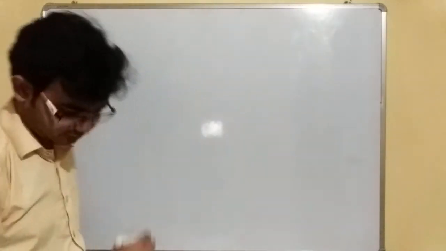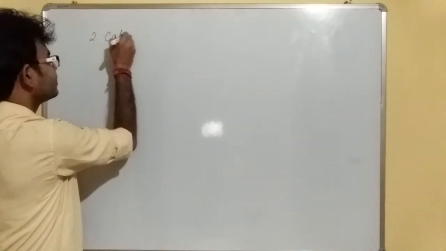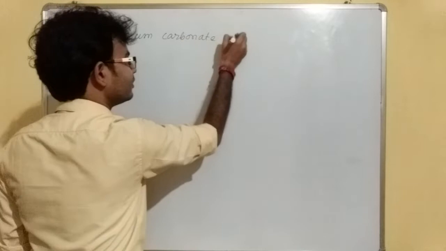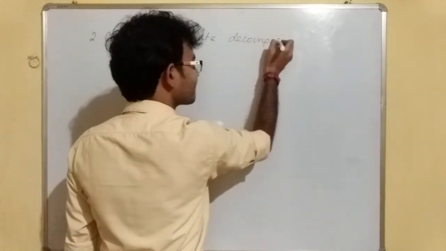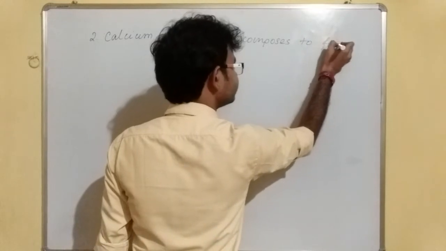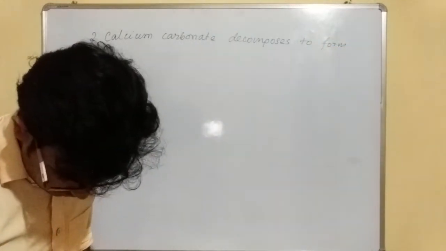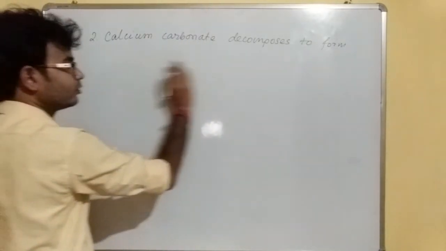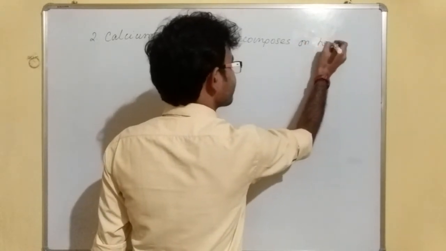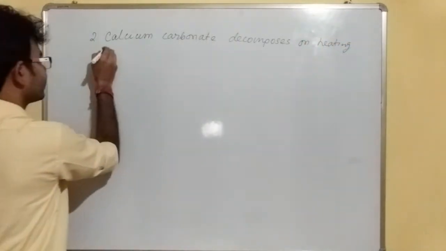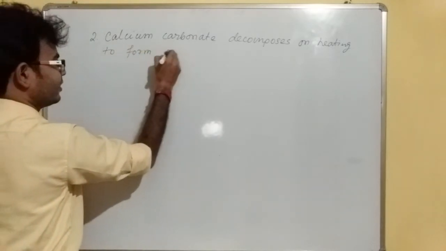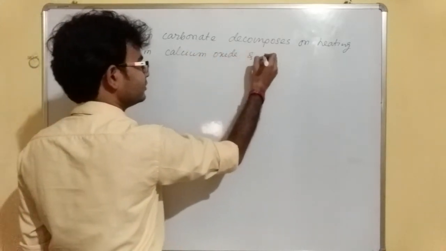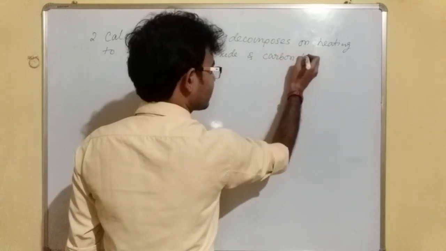The next one is: calcium carbonate decomposes on heating to form calcium oxide and carbon dioxide.